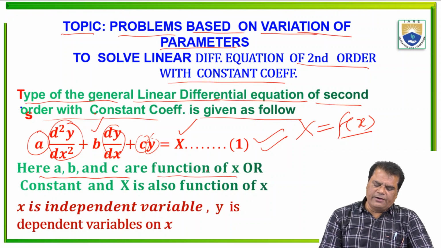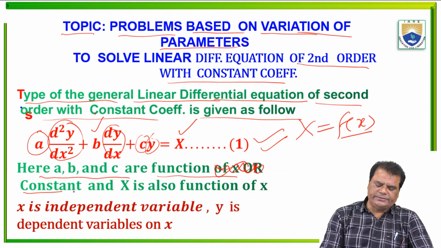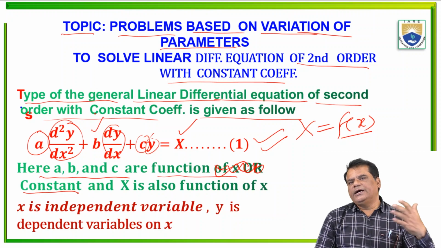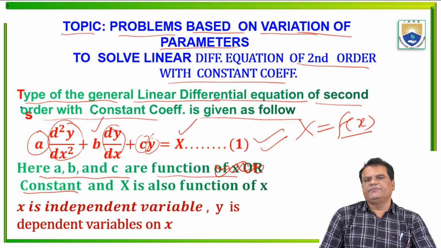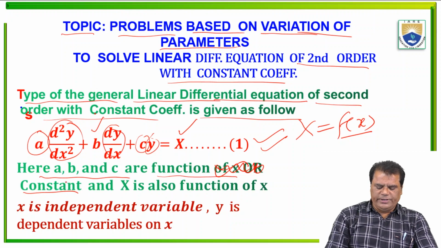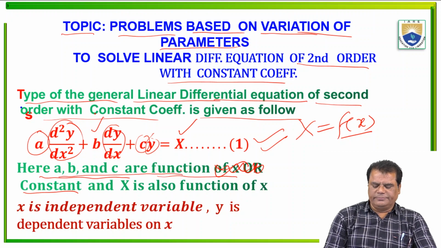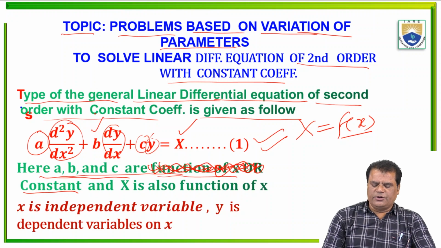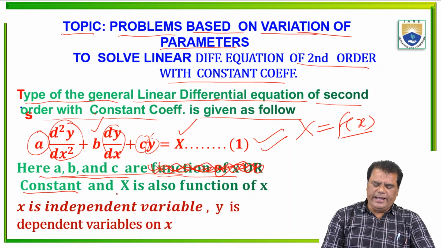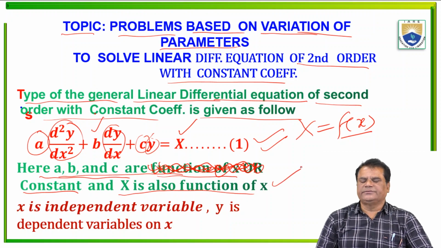A, b, c are constants, because we are taking a linear differential equation with constant coefficients. So a, b, c are constants, and capital X is a function of x.